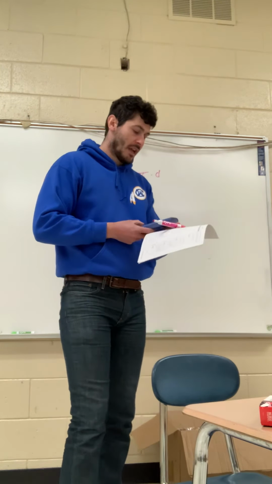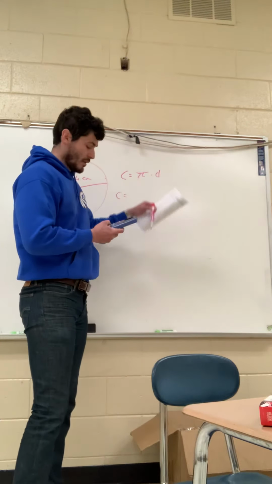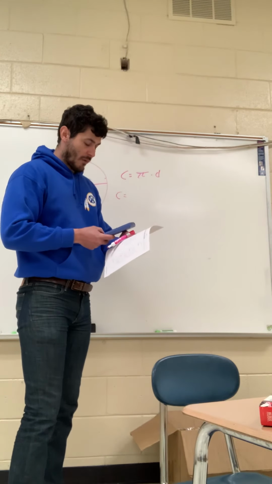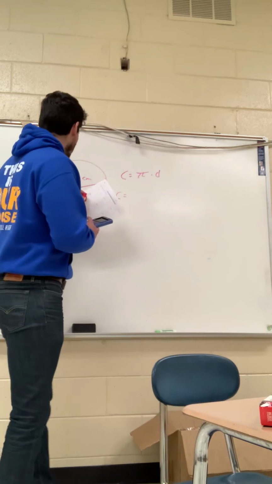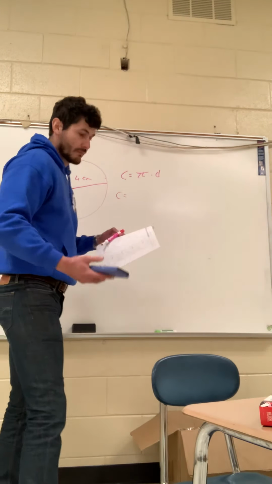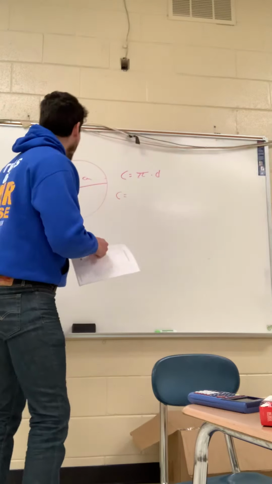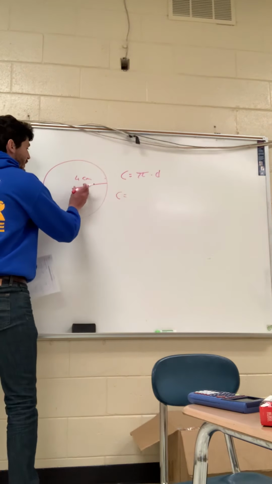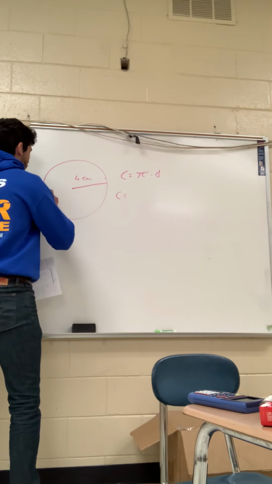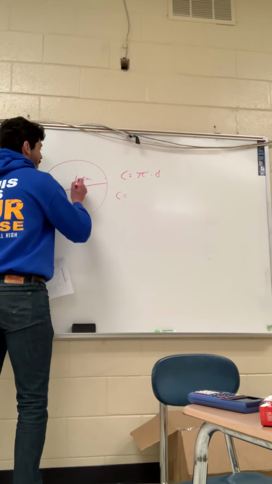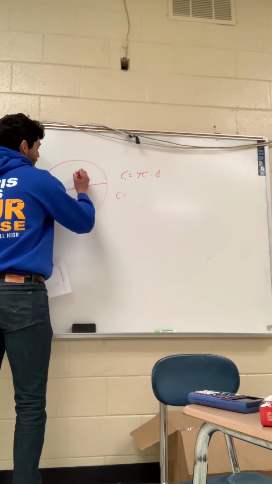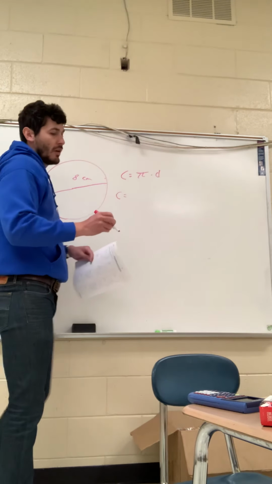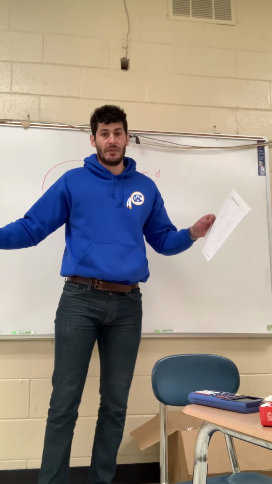So let's see what we got. We have 3.14 times 4, which is my... actually, I got it wrong because this is my radius. So I told you that diameter is all the way across, so instead of 4, it will be 8, because the diameter is always twice as much as the radius.